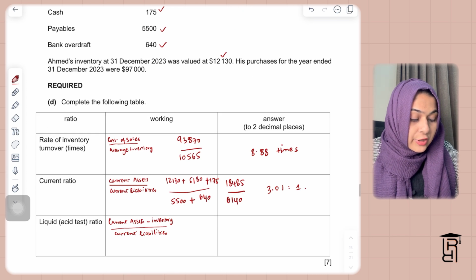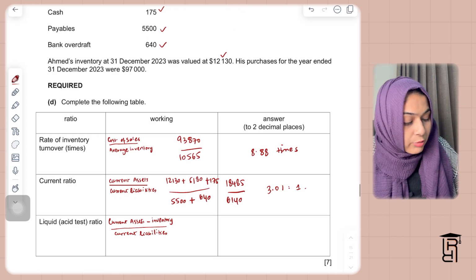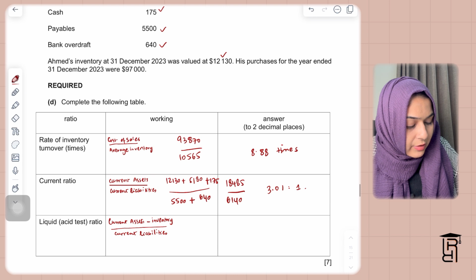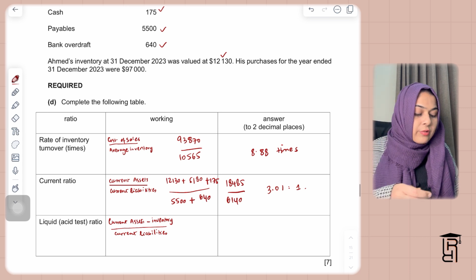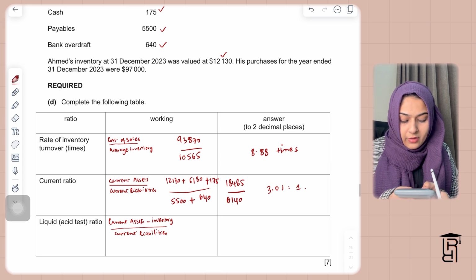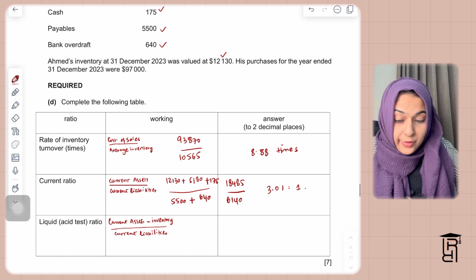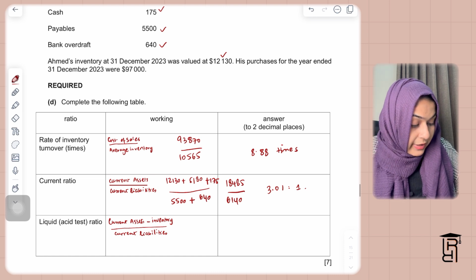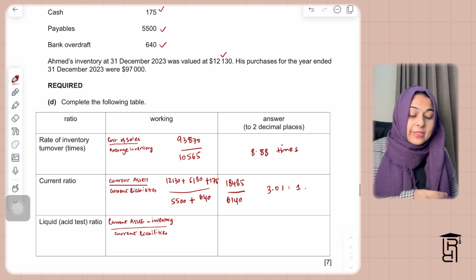Okay, liquid asset test ratio is current assets minus inventory. So total current assets in this case were 18,485 minus inventory, which is 12,130. You need to subtract it and then divide this by 6140. So 18,485 minus 12,130 divided by 6140 is going to give me 1.04 is to 1, which is my liquid asset test ratio in this case.